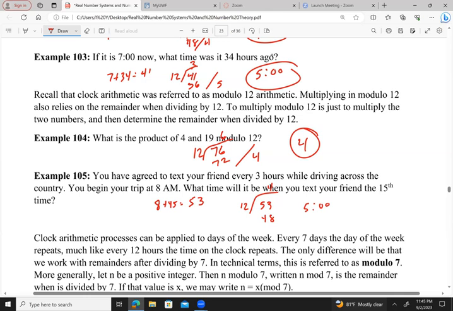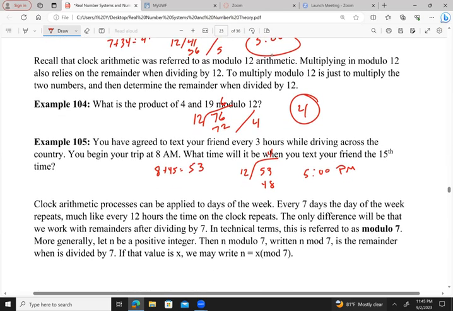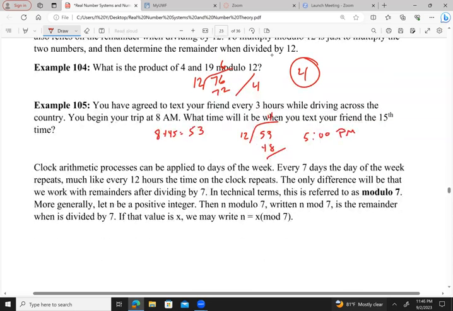So the first time we go around, it's 8 p.m. Second time is 8 a.m. Third time is 8 p.m. Fourth time around is 8 a.m. And then 5 more, 5 p.m. So 2 full days and then 5 p.m.